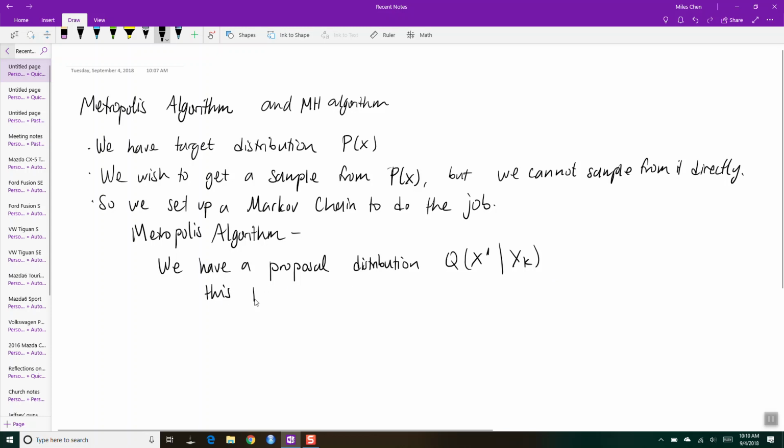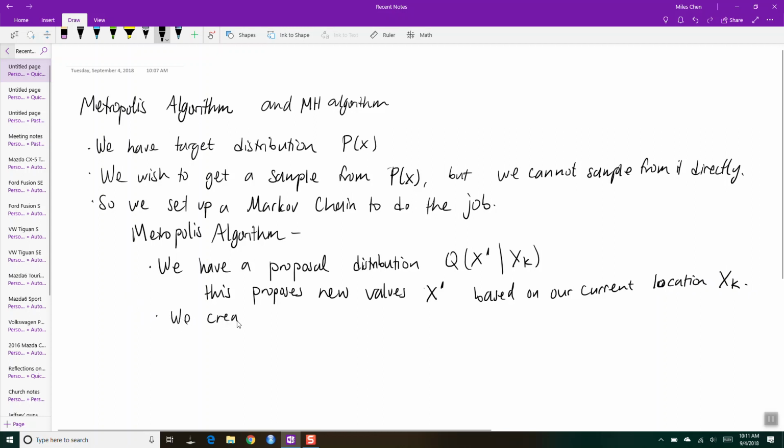This proposes new values x prime based on our current location x sub k. Okay.